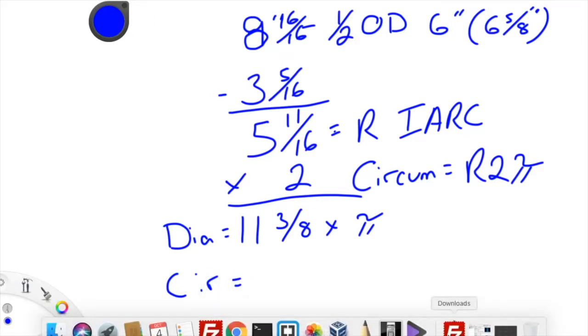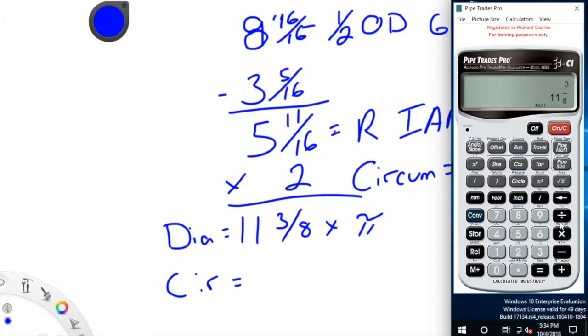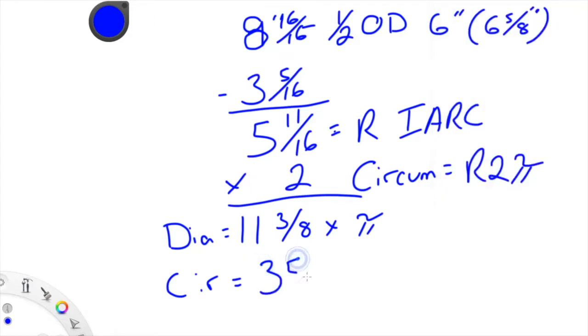Going back to our calculator, we multiply times pi and that equals 35 3/4 of an inch. Now that's the full circle.